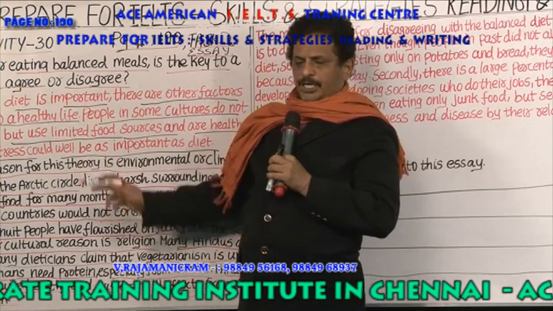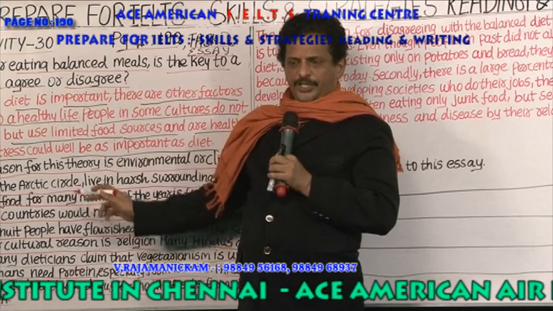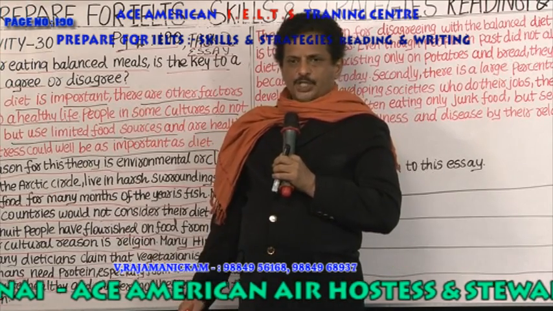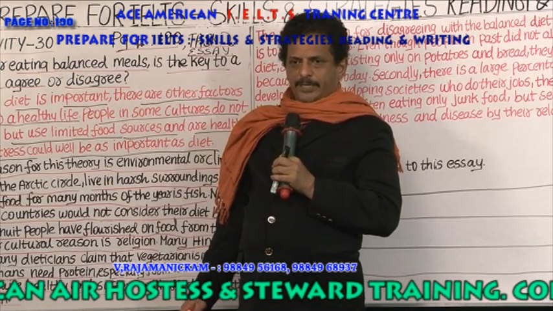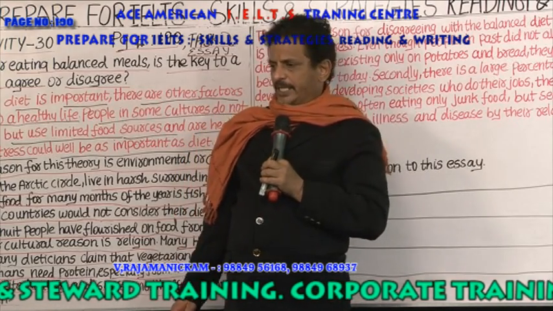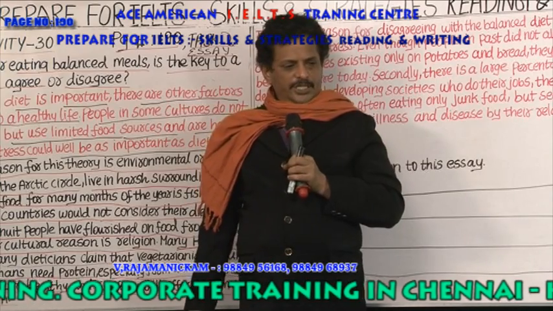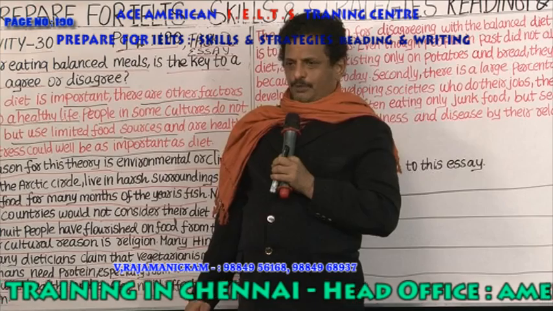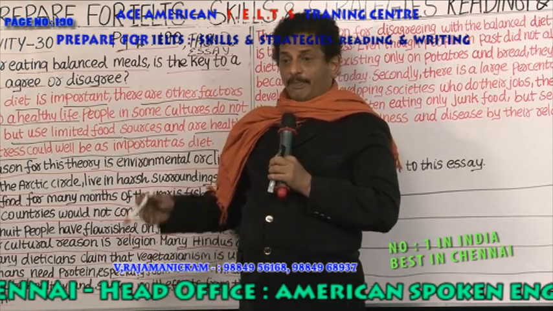So region-wise, the Arctic Circle Inuit survive only with fish, and the developed country people say no, it is not a balanced diet because fish alone doesn't provide you a healthy body, but still they were able to live very successfully in a flourishing state for centuries together. The one other reason other than region is religion. Many Hindus are not supposed to eat non-vegetarian, and they eat only vegetarian, and for centuries they are very healthy.